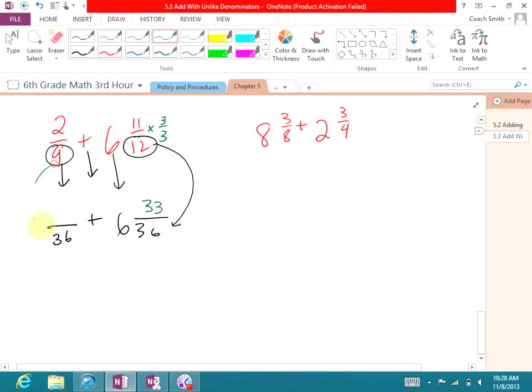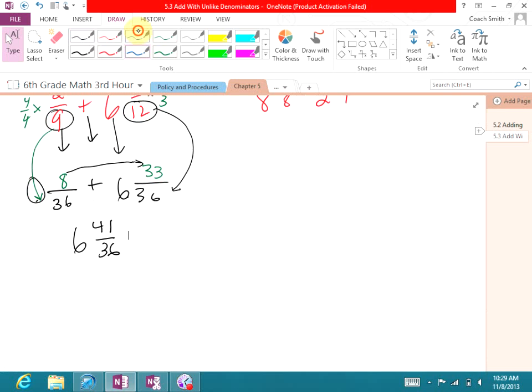So what did we do to 9 to make it 36? So I multiply the top by 4. And that gives me 8. Okay? Now I put those 2 things together. There is a 0 right here. So I put 8 and 33 together, which is 41 over 36. I put the 0 and the 6 together, be 6 and 41 over 36.